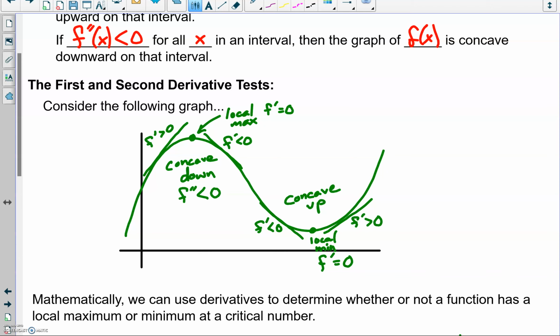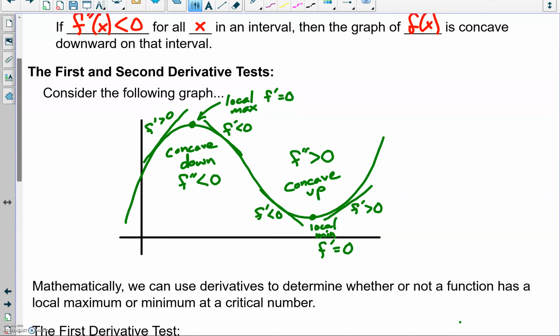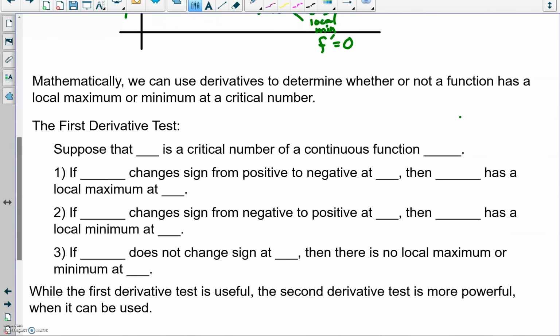So now we're seeing if we go from decreasing slope to increasing slope, or more importantly, the function is decreasing and then changes to increasing, indicated by the derivatives, then we're going to see a local minimum at that change in the sign of the derivative. It goes from negative to positive. Oh, we got a local min there. And also notice concave up, we could represent that with the second derivative being greater than 0. Okay, so those little pieces of information are going to come into these tests.